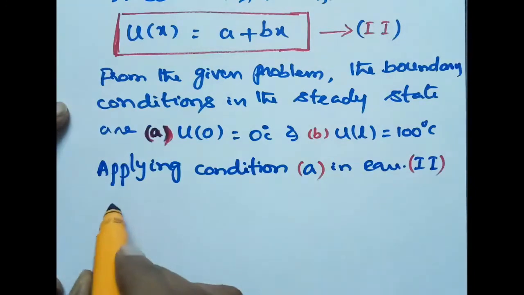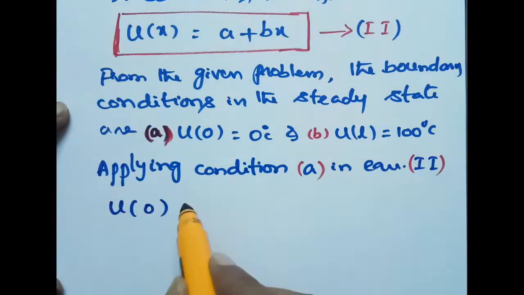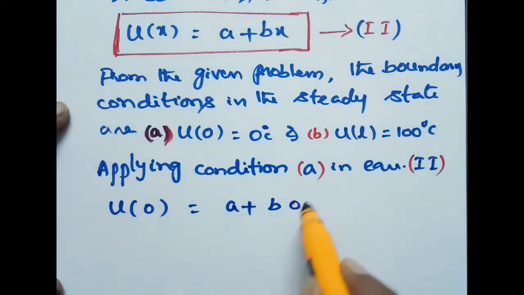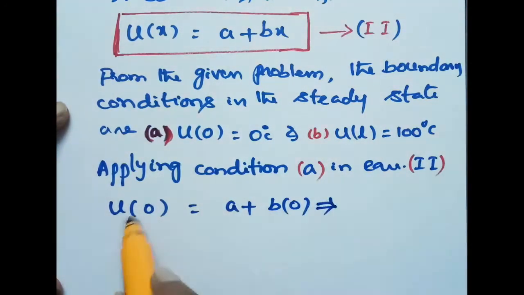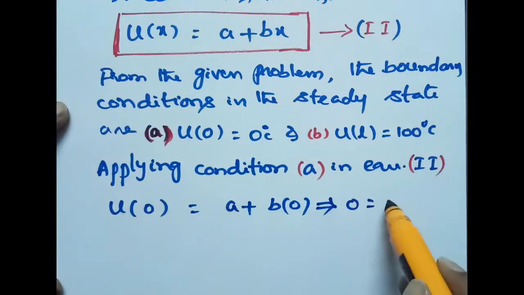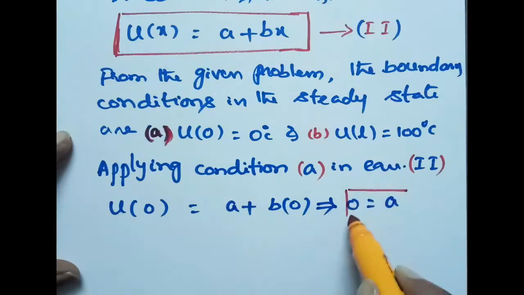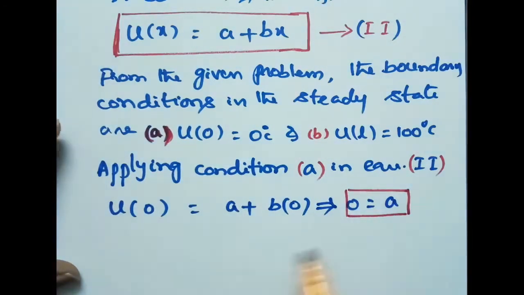Therefore u(0) = a + b·0, which implies u(0) = 0 = a + b·0. Therefore a = 0. Substituting a = 0 in equation 2, it becomes u(x) = bx.